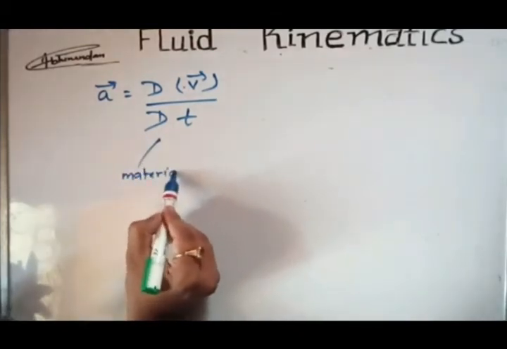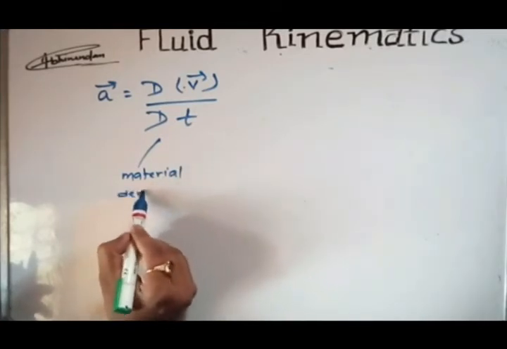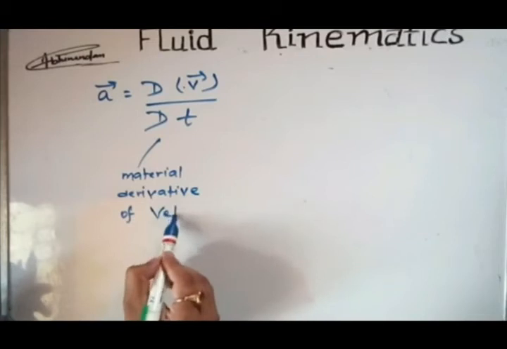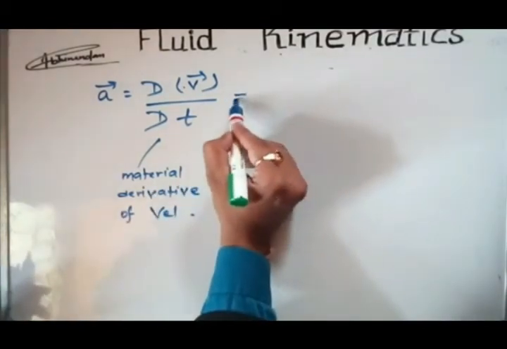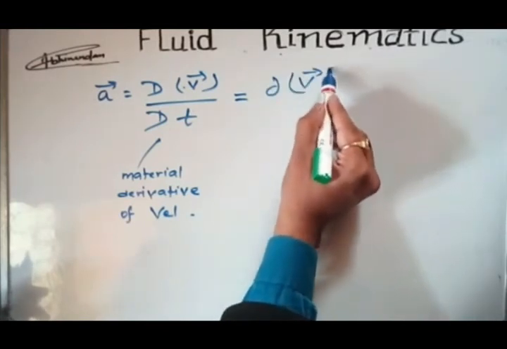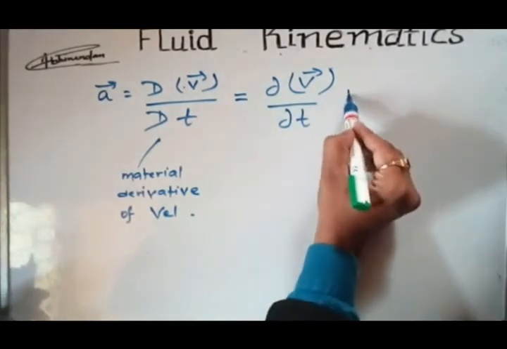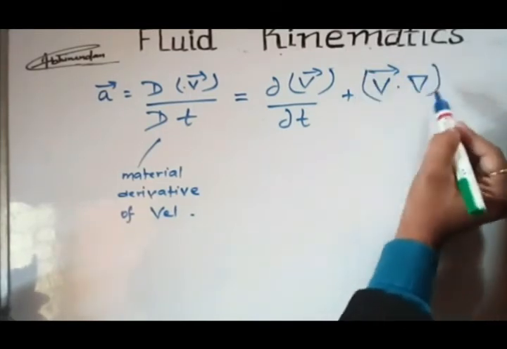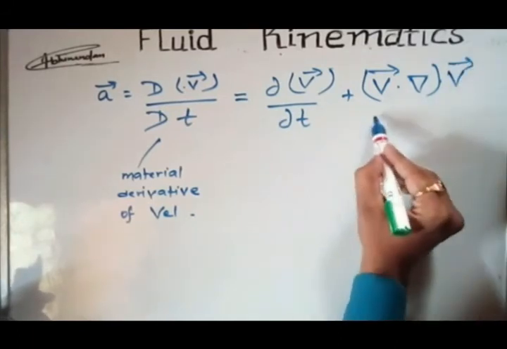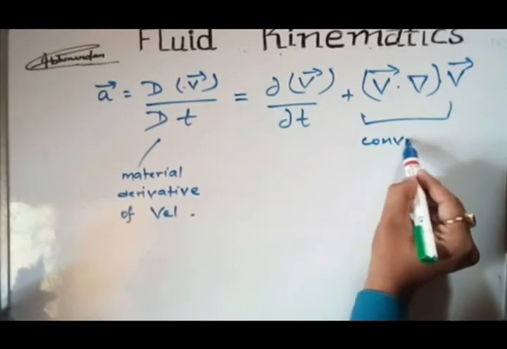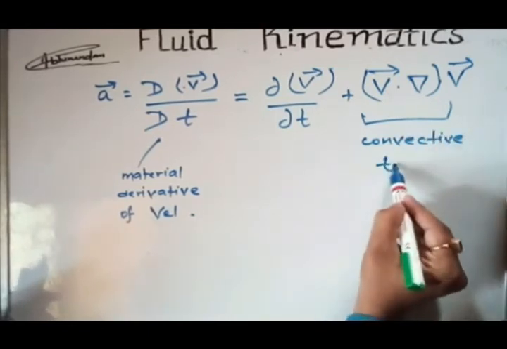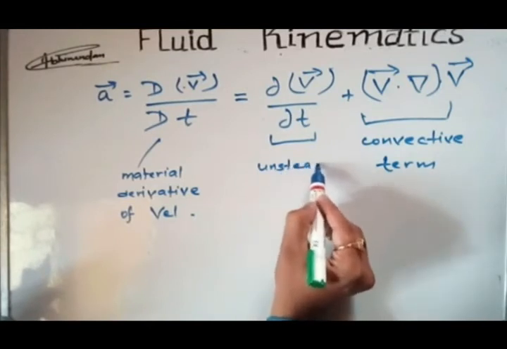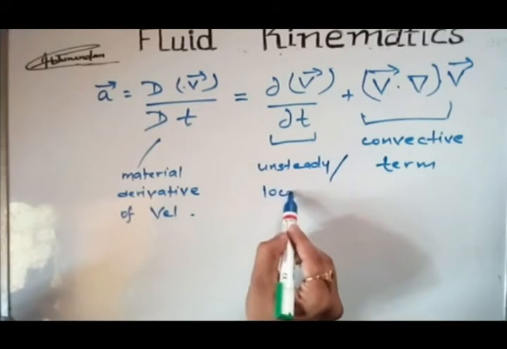This denotes the material or total derivative of the velocity vector, and this material derivative equals partial of velocity vector upon partial t plus vector v dot del, which is multiplied by the velocity vector, and this is our convective term, and the first term represents the local or unsteady term.